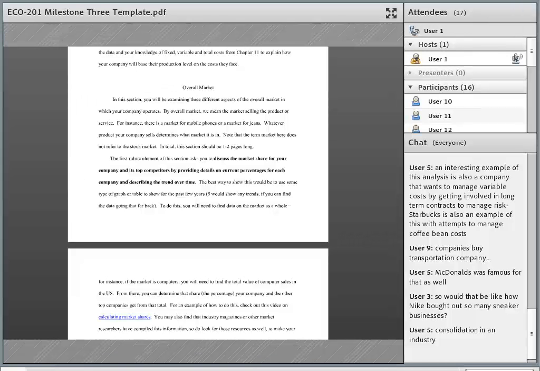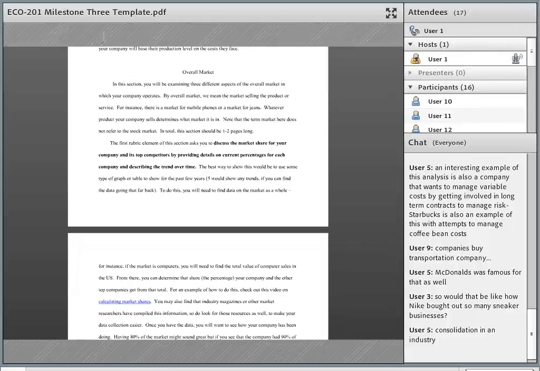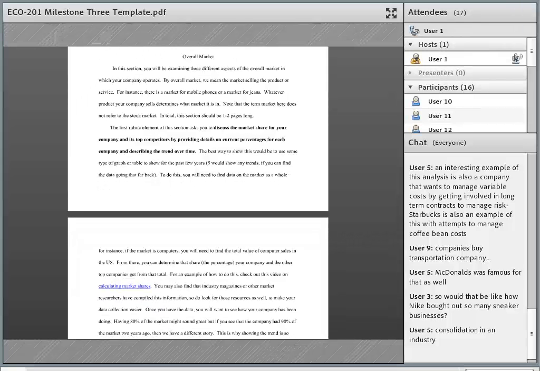So you'll have to look and see what's pushing any changes in either growing market share or shrinking market share for your company. And it could be for a variety of reasons. So do your best to try and explain all the things that might be a factor in changing market share for your company.